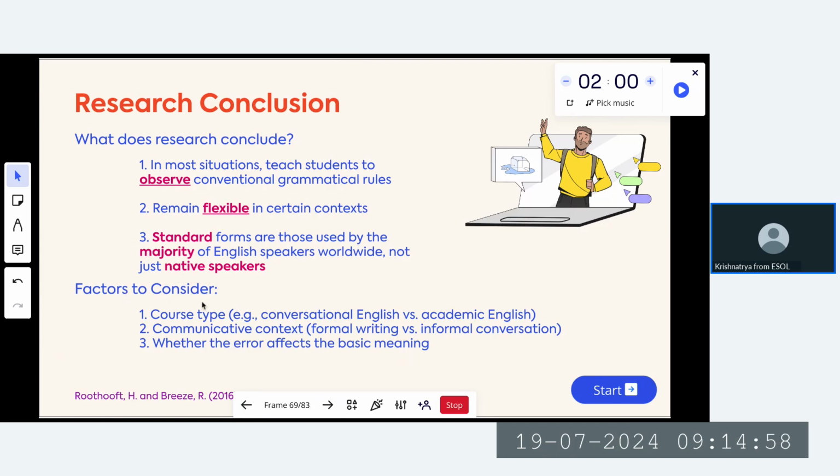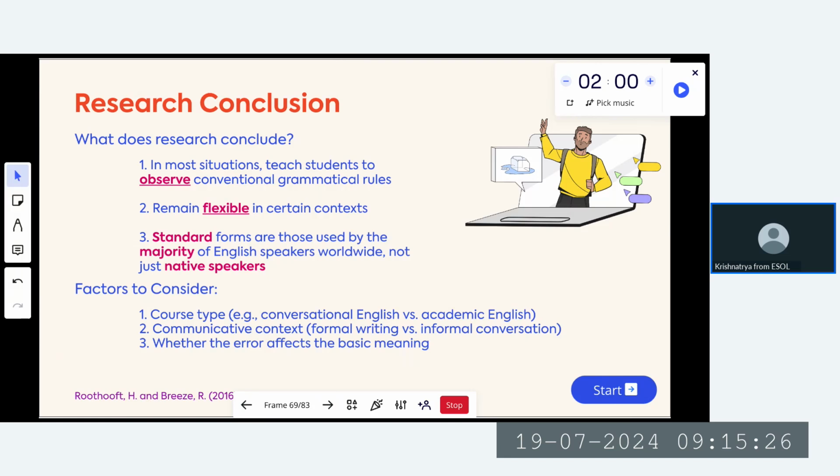Three things that we should keep in mind is what kind of course you're teaching, so be flexible. What kind of context it is in which your students are using the language. Give them the opportunity to make mistakes. And most importantly, if the basic meaning is not getting hampered, don't worry about correcting them all the time. This is something very important.